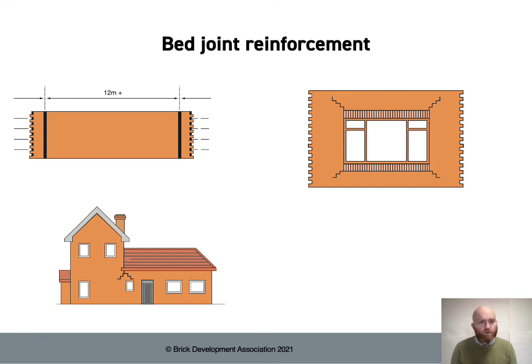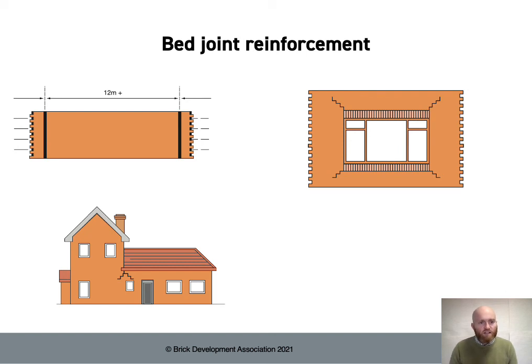Bed joint reinforcement is something that we get asked about occasionally. Many architects, even where they are over the recommended spacings, would just like to omit movement joints altogether. We often talk about things like using lime mortar, using bed joint reinforcement to see whether it is possible to omit movement joints altogether.